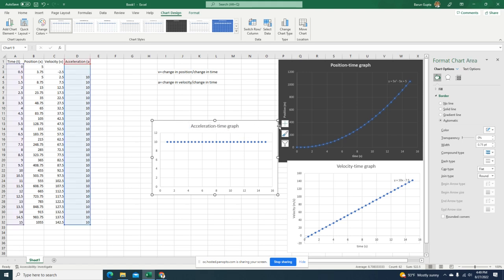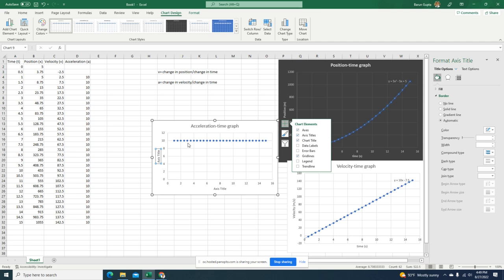Go to axis title, and this is an acceleration. What's the unit? Meter per second squared. And this is my time, and the unit is second.